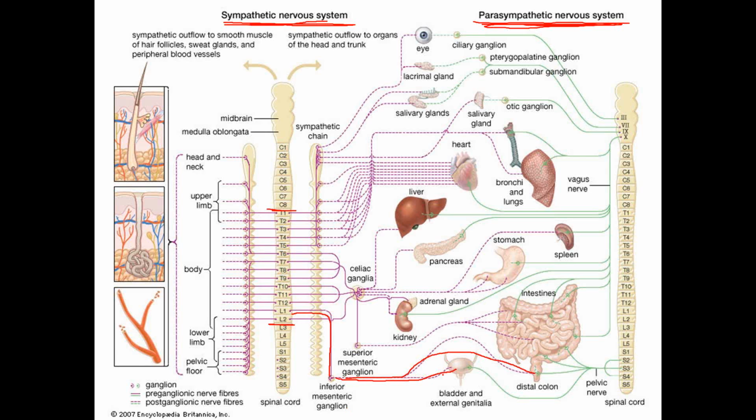So if we reveal the numbers, we can see that we have a sympathetic nervous system and a parasympathetic nervous system. We should note that each of the nerves comes out from a different part of the spinal cord. You can see that here.